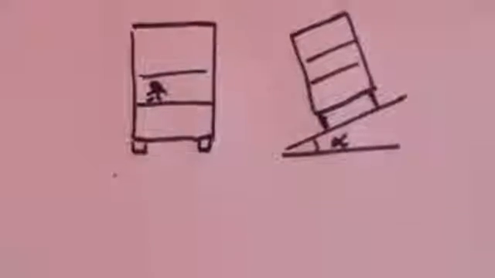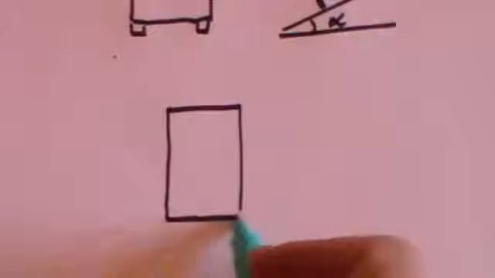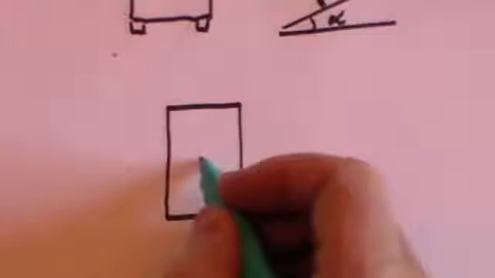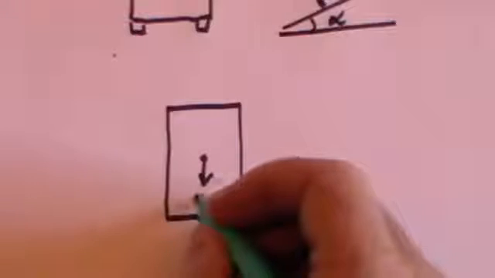Now the rule for tipping is simply this, that if you take any object, it could be a bus, but let's just take any object at all, we know that that object will have a centre of mass. And it's the centre of mass that is the point at which the whole mass can be regarded as operating, and therefore the force, which is mass times g, is acting down vertically.